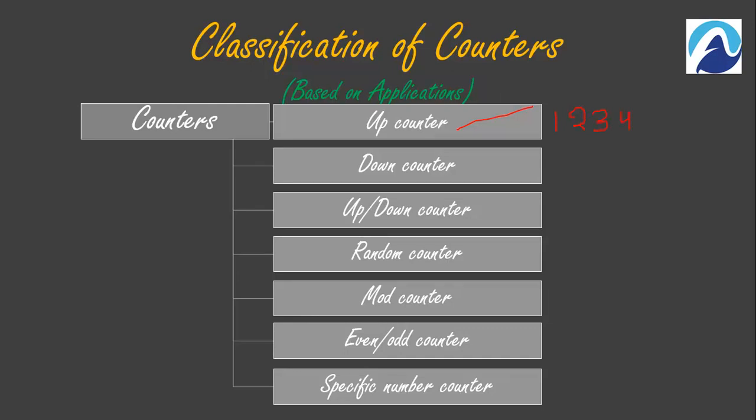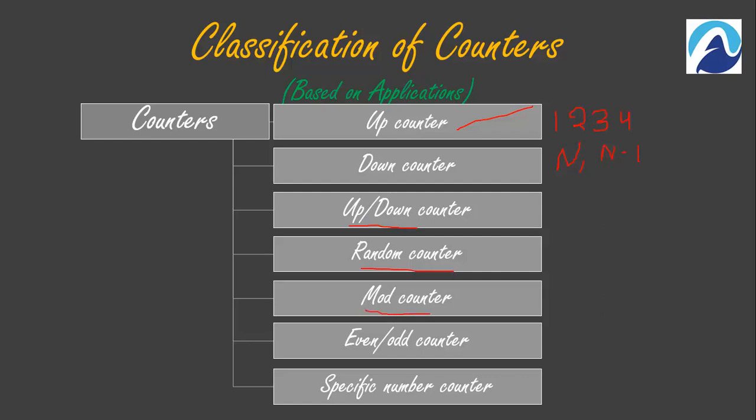The down counter will start from some number n, and then it will show the value n minus 1, n minus 2, and so on. An up down counter can count in both directions, upward as well as downward. The random counter will count in some random sequence.